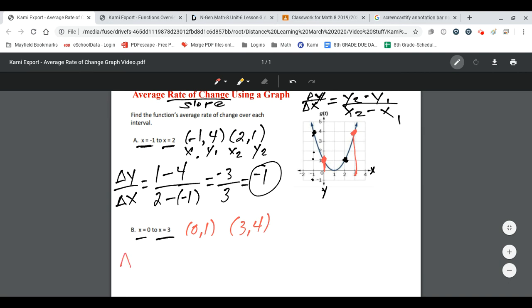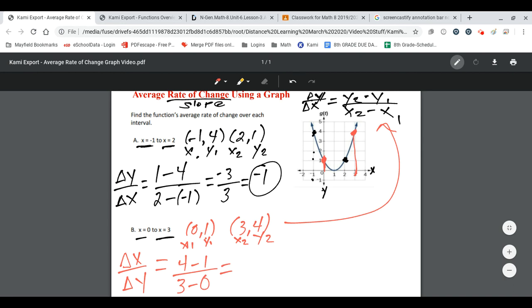So I'm going to do the same thing. Change in y over change in x, rate of change. And I will label these x1, y1, x2, y2. So I'm going back to my formula, this one way up there. y2, 4, minus y1, 1, over 3 minus 0.